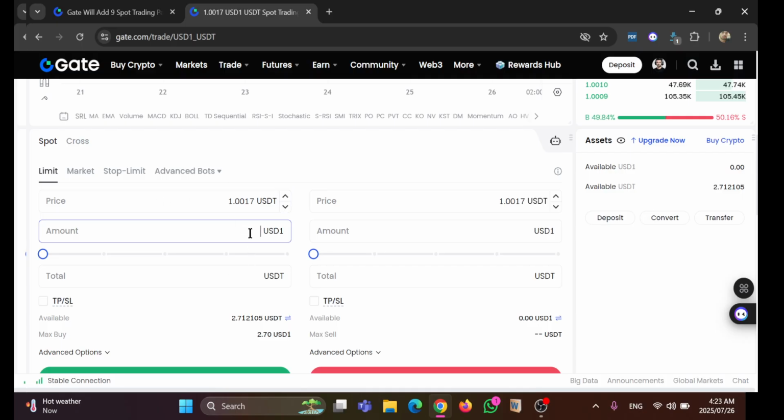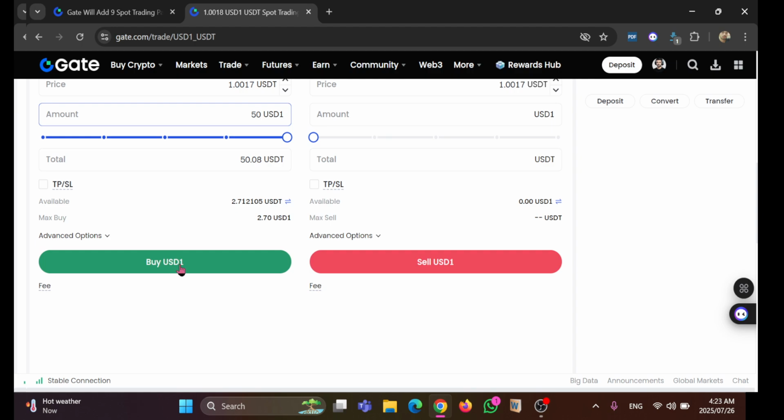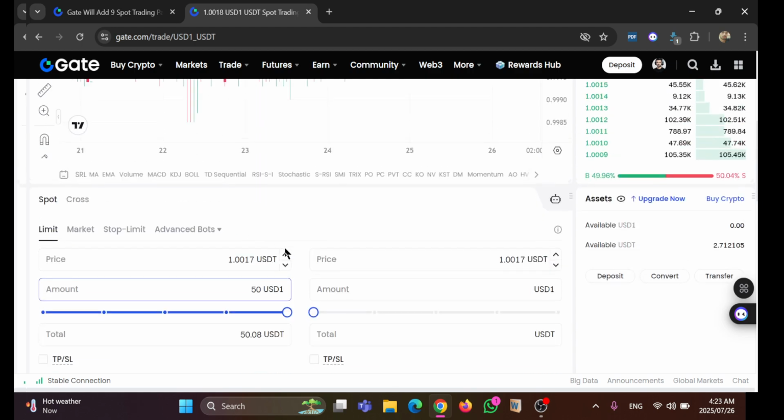And let's suppose we want to buy 50 USD1. If you enter 50, then you have to pay 50.08 USDT. Click on buy USD1 and your USD1 will be purchased.